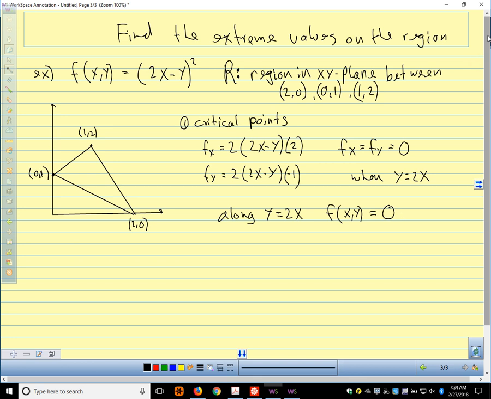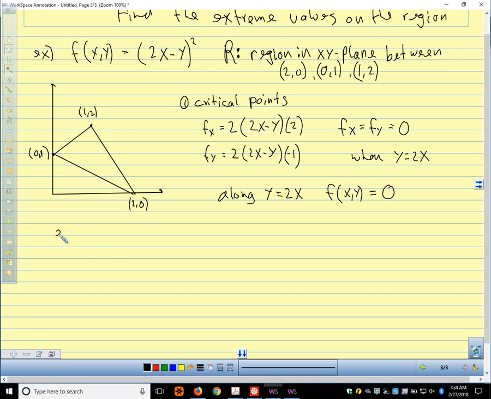All right, so now we need to examine the boundary. Well, in this case, what is our boundary? The perimeter of the triangle, 3 segments. So we have 3 segments, and we need to find the extreme values of f(x,y) along those segments.